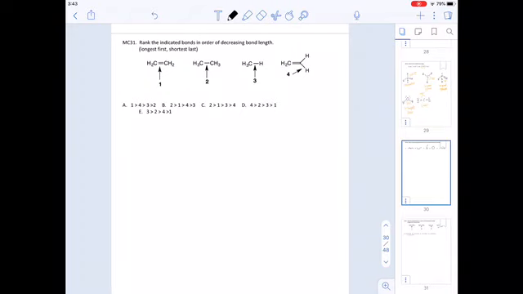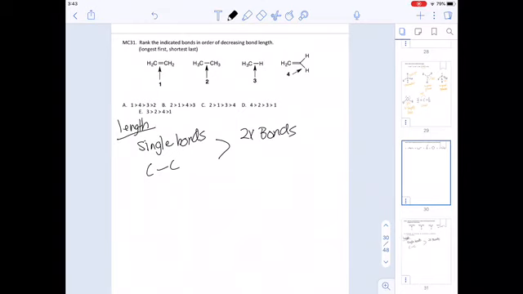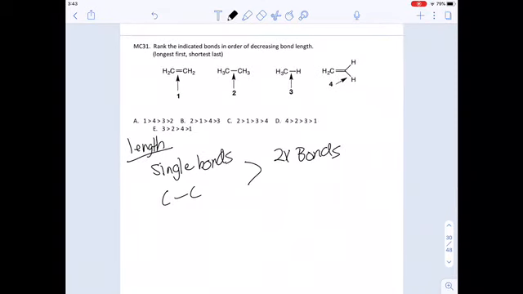Okay, so multiple choice 31 asks us to rank the indicated bonds in order of decreasing bond length, the longest first and the shortest last. So as I mentioned to you guys before, single bonds between carbons are going to be longer than double bonds.